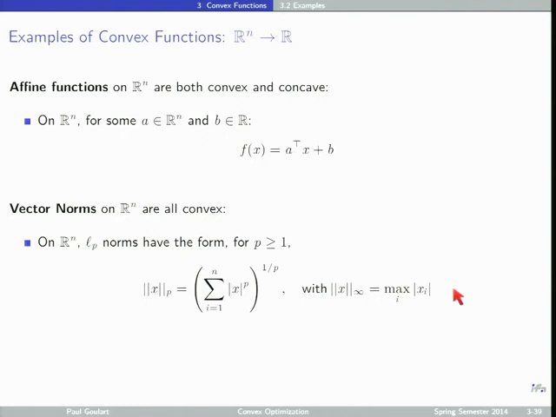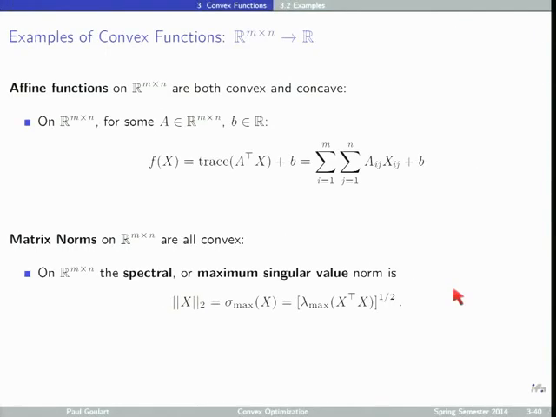Okay, and then we can also have convex functions of things that are not vectors or scalars. We can do convex functions of matrices. The reason why you keep seeing linear functions over and over again is because this is a really important one. So any linear function of a matrix, like the trace of the matrix times some other matrix, would be a convex function of the matrix X. Also, if I take any norm of a matrix, then this is also a convex function, because the definition of a matrix norm looks just like the definition of a vector norm.